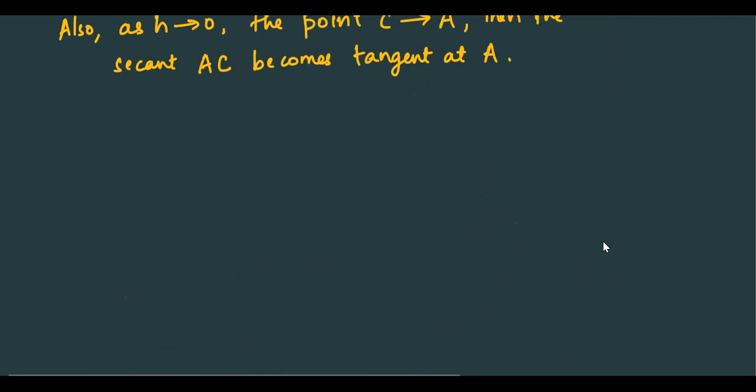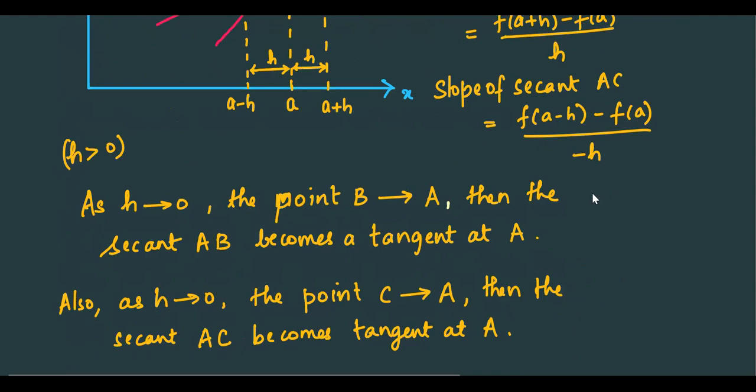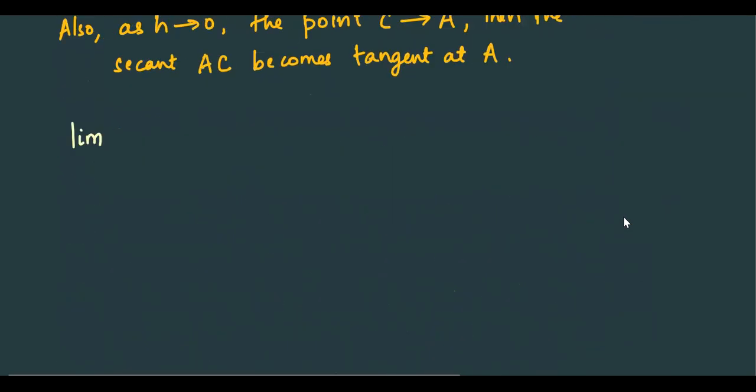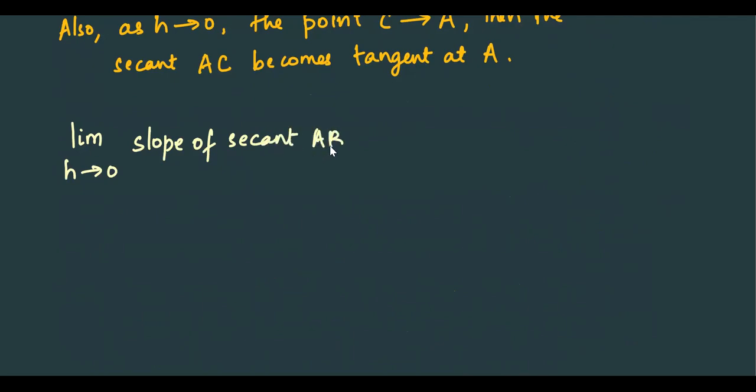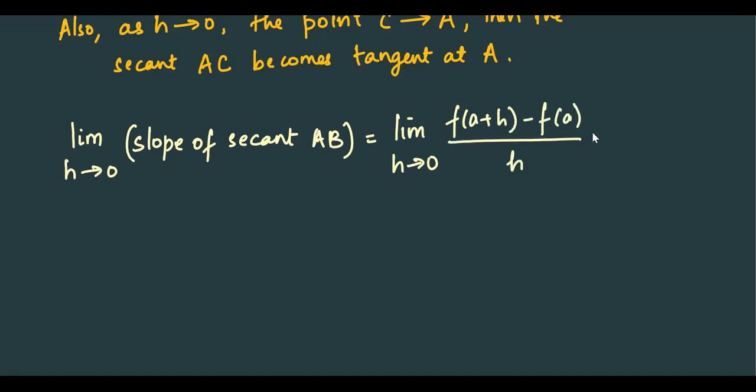Now this limit of the slope of secant AB, limit H tending to 0, is limit H tending to 0 of f of (a plus h) minus f of a, by h.